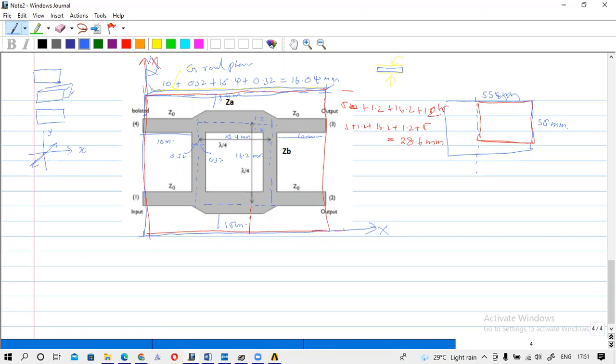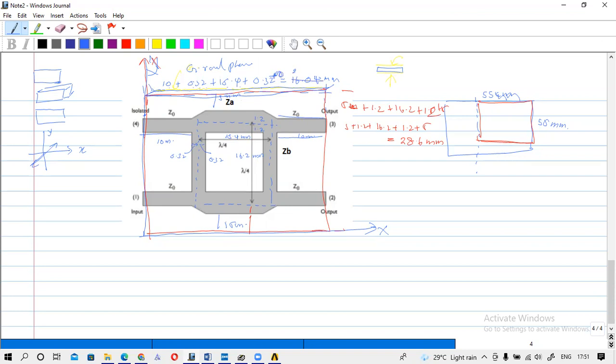Sorry, I think this is 20. So here I also have to add the 10. This is 10, 0.32, 15.4, 0.10. Then this 10 also I have to add, so I have to add the 10 here also.